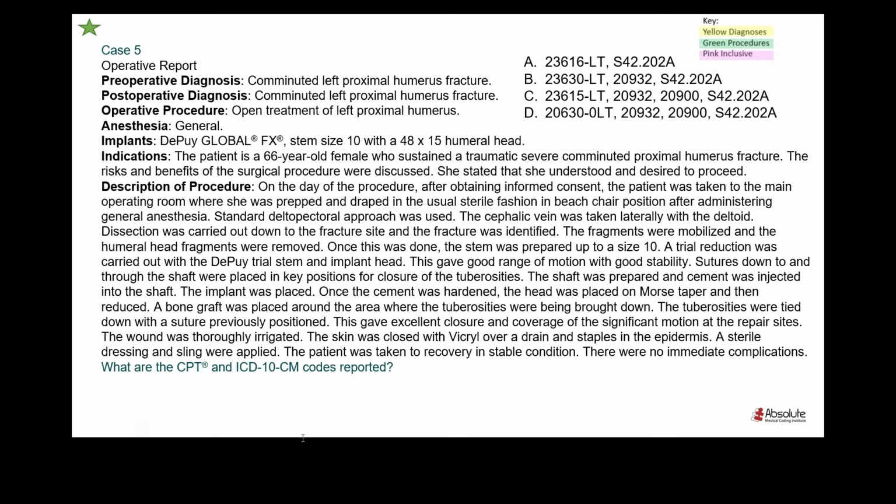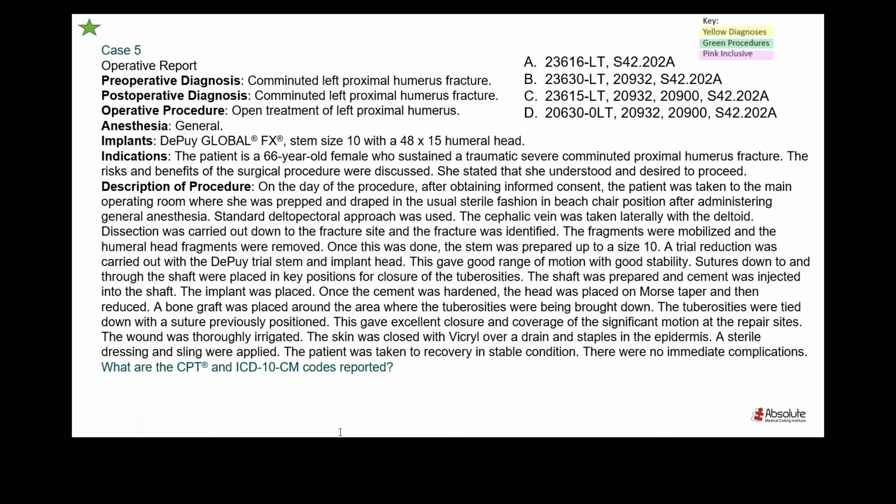Operative report. Preoperative diagnosis: comminuted left proximal humerus fracture. Postoperative diagnosis: comminuted left proximal humerus fracture. Operative procedure: open treatment of left proximal humerus. Anesthesia: general.